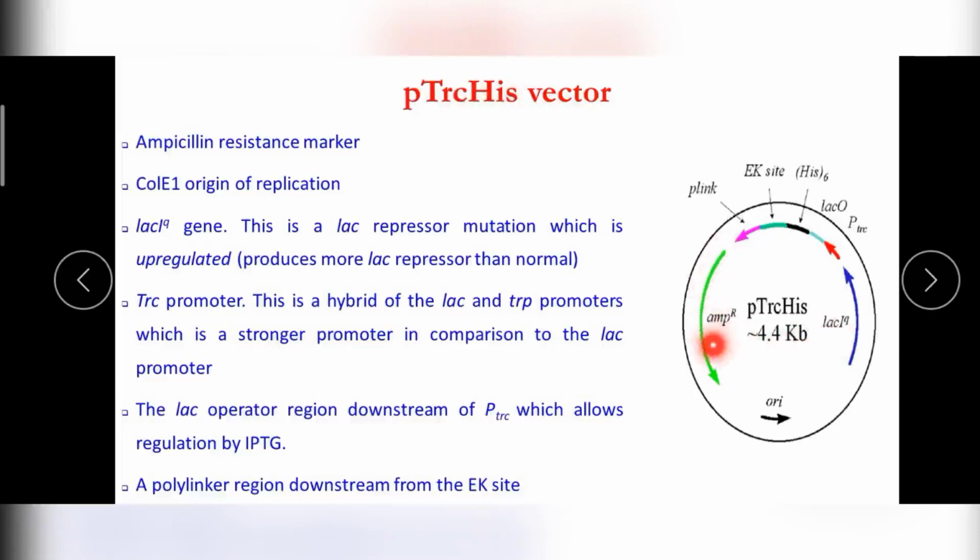It has an ampicillin resistance marker gene, an origin of replication derived from the Col-E1 plasmid, and a mutated LAC-I repressor gene, which produces more LAC repressor protein than the normal one. LAC-IQ is a mutated form of LAC-I.